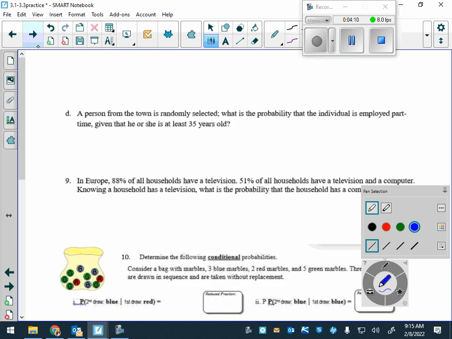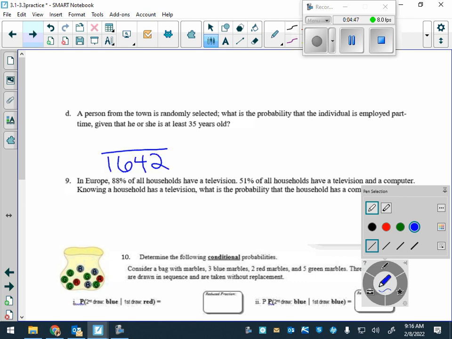Okay. And then the last one, which was D on the next page. A person from the town is randomly selected. What is the probability the individual is employed part-time given he or she has worked at least 35 years? Go ahead, Kip. Be careful. What did you get before that? The denominator is correct.